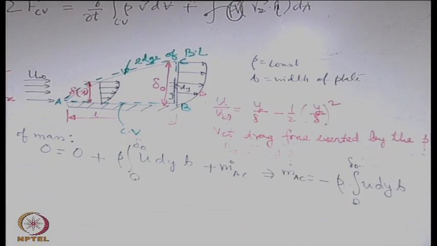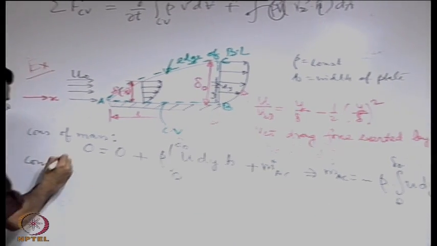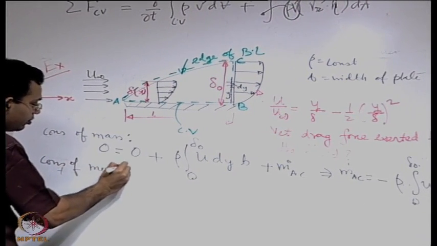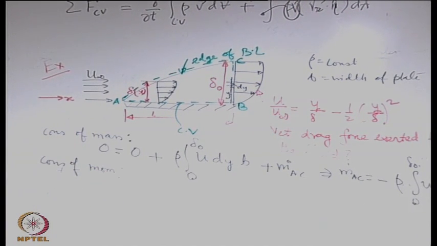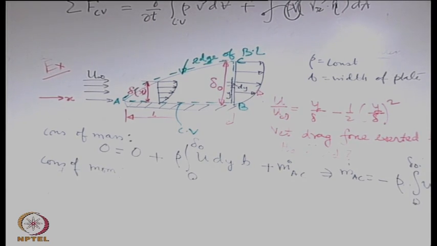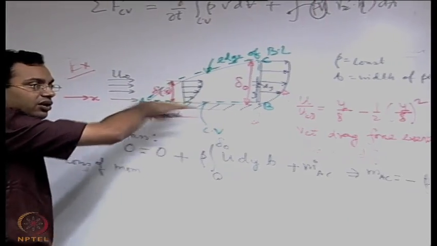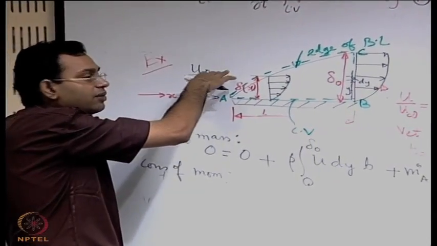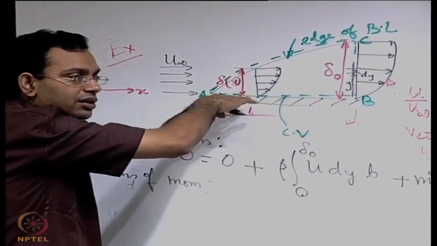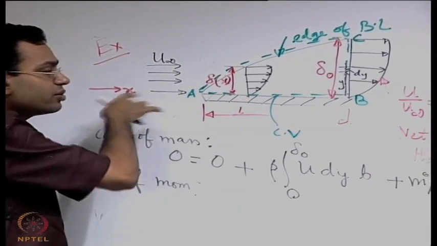Now conservation of linear momentum, simply conservation of momentum, till now we have only talked about linear momentum. So let us write the x component of the force, because the drag force should be oriented along the direction of the relative velocity between the free stream and the plate, so that is oriented along x.